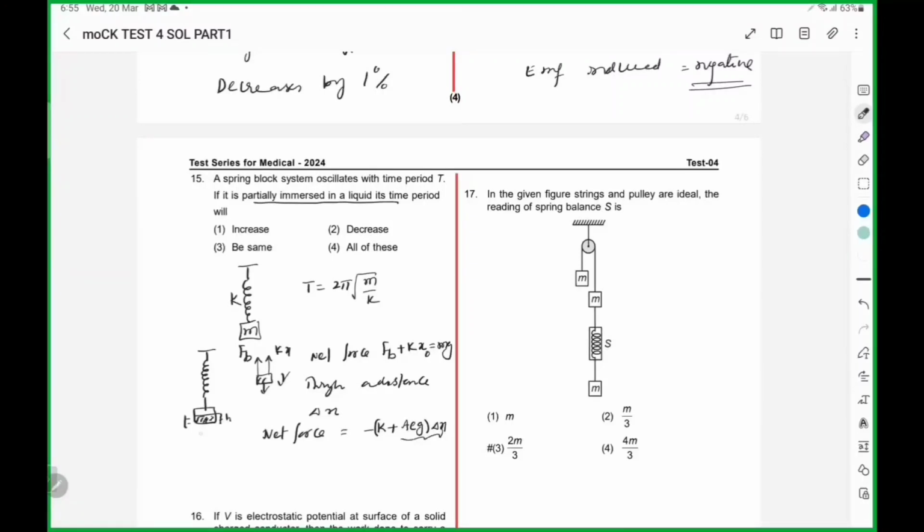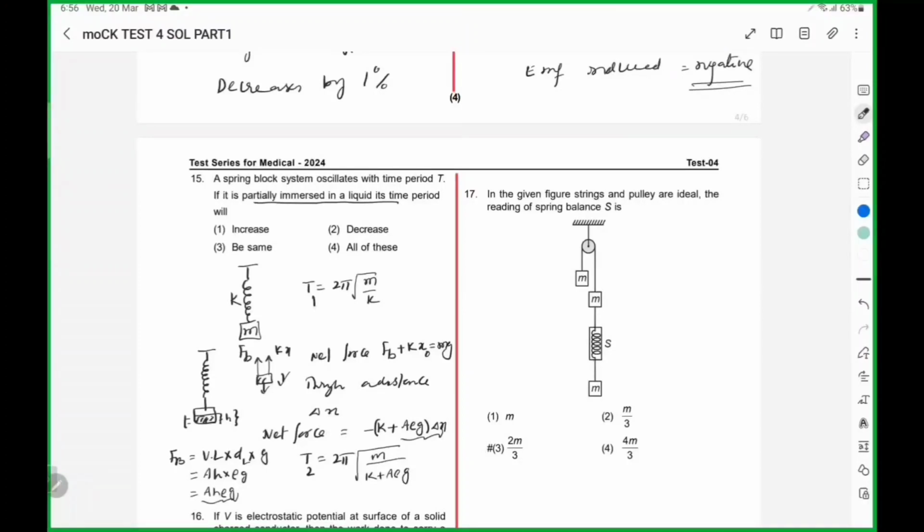What is this a rho g? Force of buoyancy is equal to volume of the liquid into density of the liquid into g. Volume of the liquid is area times length h, density of liquid is rho, that is a h rho g. That is the force of buoyancy. Now time period becomes 2 pi root m by (k plus a rho g).